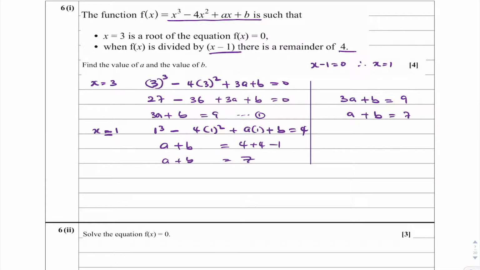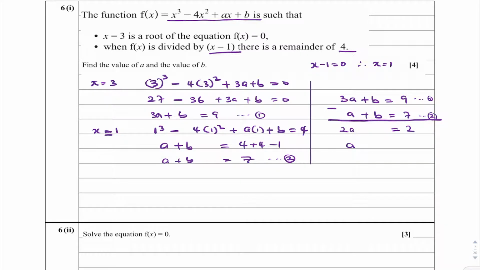So if I take away equation 2 from equation 1, 3a minus a is 2a, b minus b is 0, and 9 minus 7 is 2.